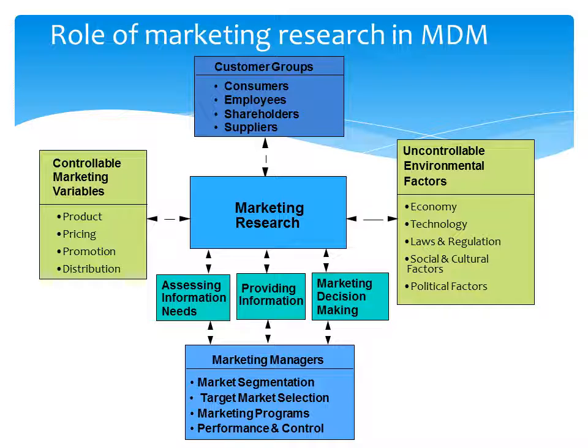And here, the role of marketing research in the marketing decision making. Here in the middle, the marketing research, like any system, has an environment here on the right and on the left.